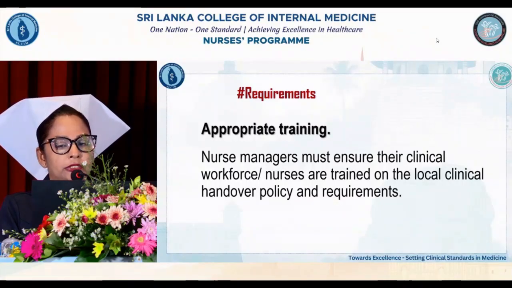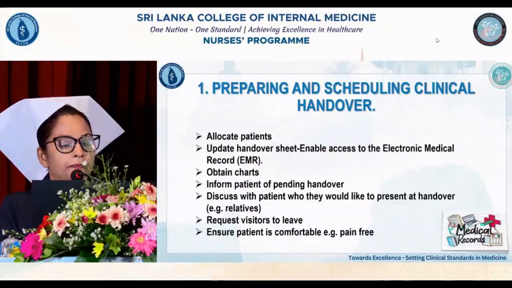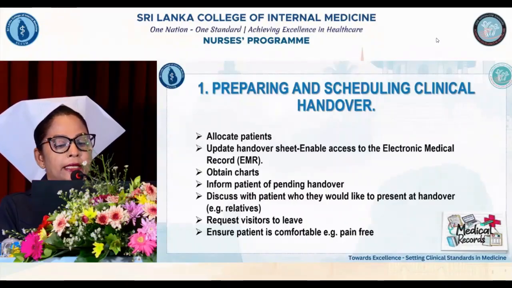We'll see the procedural principles of clinical handing over. There should be allocated patients. We know during the shift we have a certain number of patients. Updated handover sheets enable access to electronic medical records.